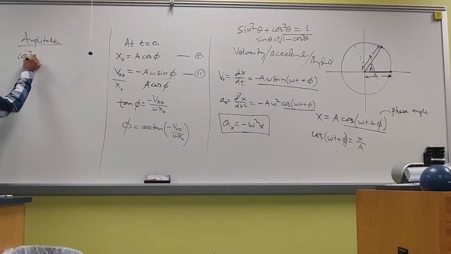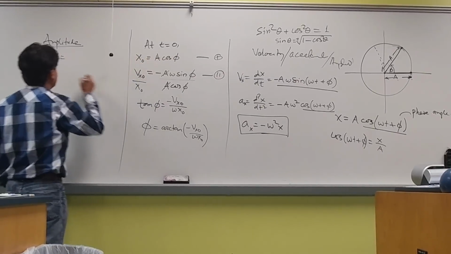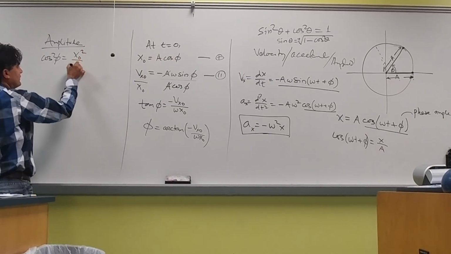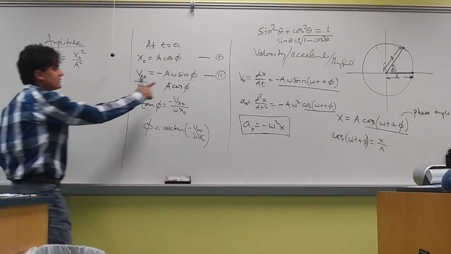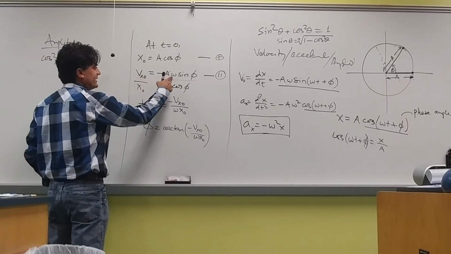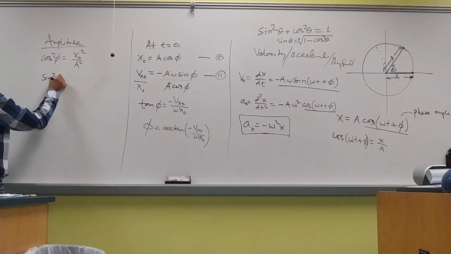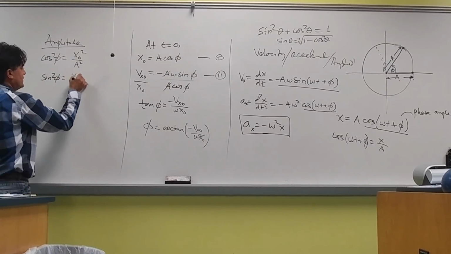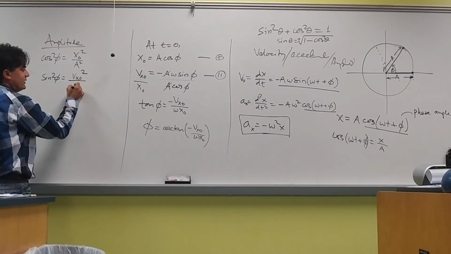Cosine square phi will be x0 square over A square. Sine square phi will be Vx0 square divided by omega square A square.